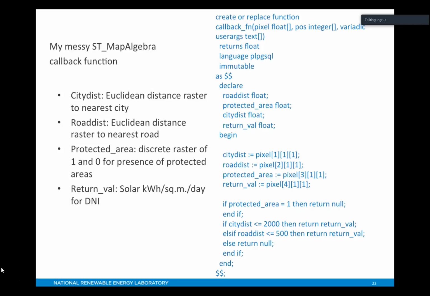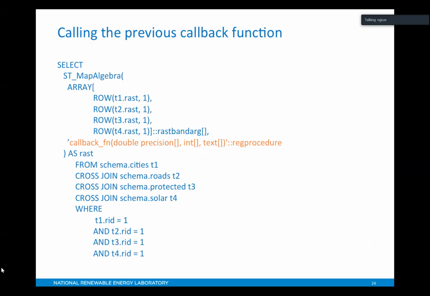And if either one of those are greater than the limit, then that'll return null as well. But if everything is acceptable and it is within the required distance to either of those features, then you'll get back the actual value. So that's kind of the logic that we would follow running this analysis.